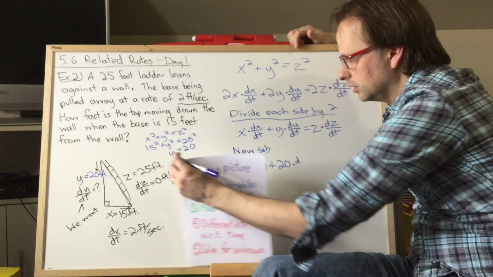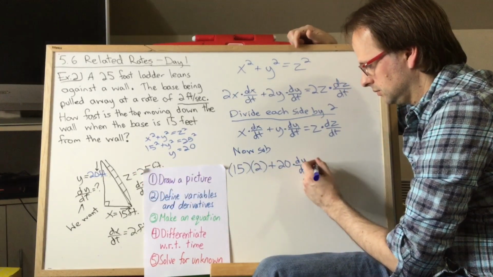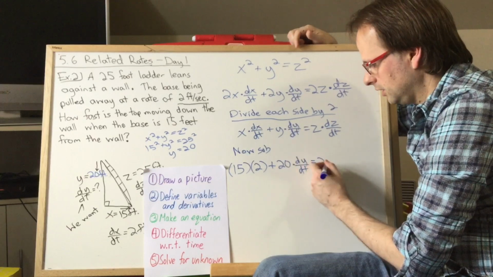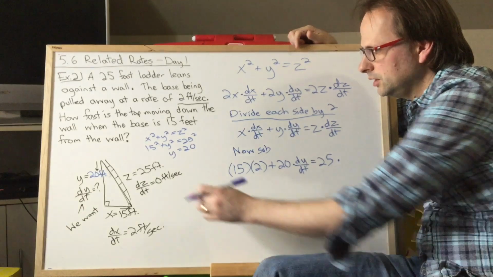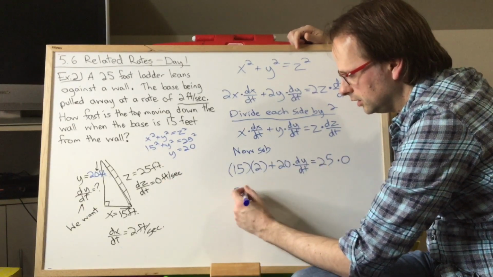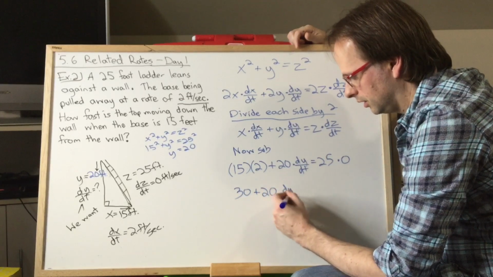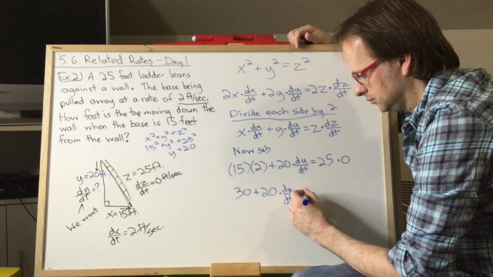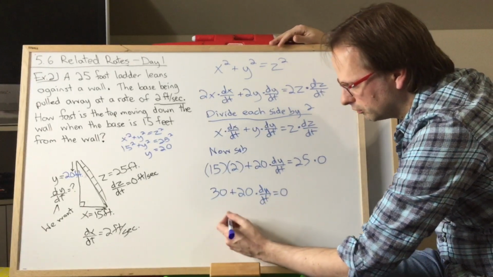In fact, it's what we're looking for. z is 25. And dz/dt is known to be 0. So in other words, we get 30 plus 20 dy/dt equals 0. I can solve that for dy/dt. I'll just move the 30 over.